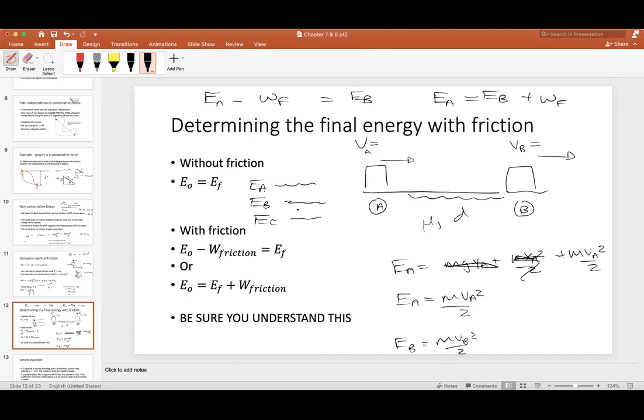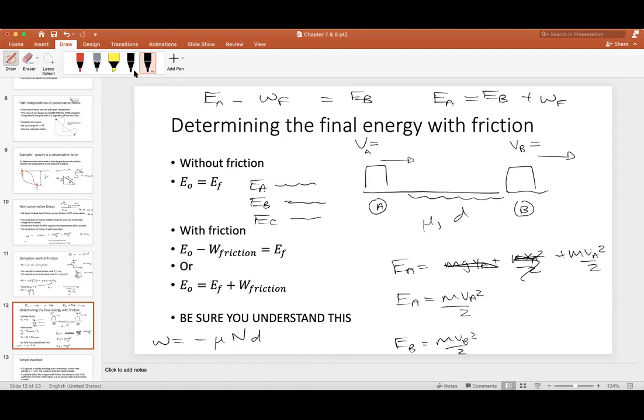We're going to have two examples. The second example is really, really important. But we know the work of friction is negative mu N, and here N would be mg. If this thing was sliding down an incline, it would be mg cos theta times d. However, this negative sign isn't important.